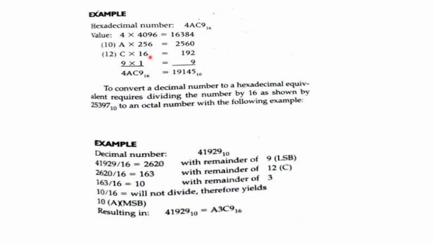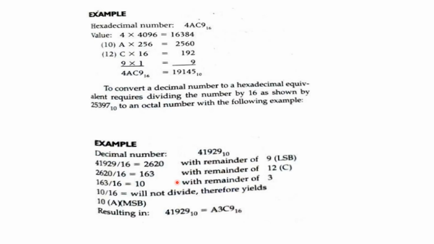Why 16 again? Because 16 to the first power is 16. So it's 192. The equivalent of A is 10 in decimal, so times 256, because again 16 to the second power. Then here 4 times 4096, it's 16,384, because 16 to the third power. And then add the products. So that's why we have 19,945.